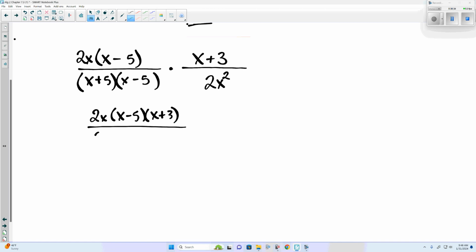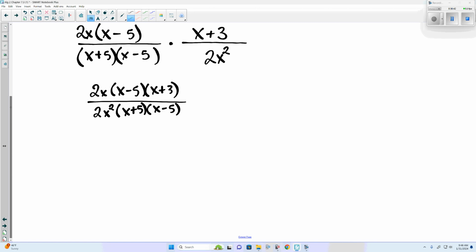The denominator, we can move the 2x squared to the front and have our x plus 5 and x minus 5. Now the nice thing for this here is the x minus 5 and x minus 5 would cancel. The 2 over 2 would simplify out completely, leaving us with x plus 3 on top and x plus 5 for sure.